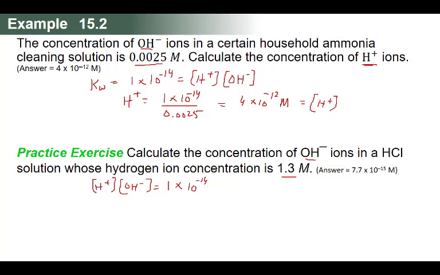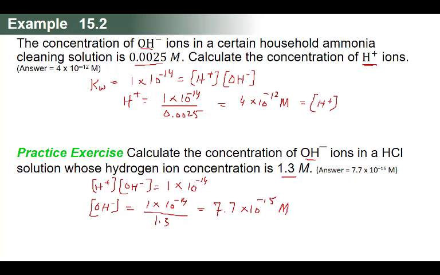The question here is OH, so OH will be equal to 1 into 10 raised to the power minus 14 divided by the hydrogen ion concentration 1.3, so this will be equal to 7.7 into 10 raised to the power minus 15 molarity.